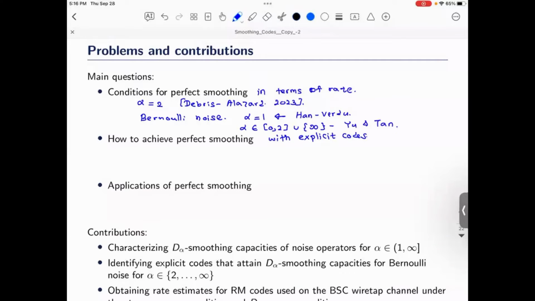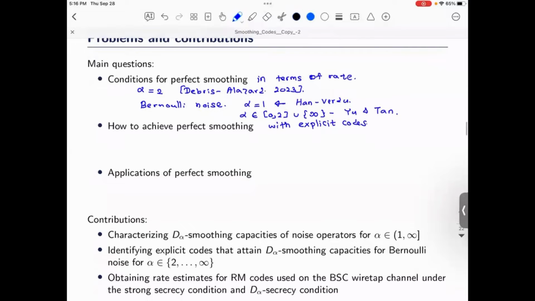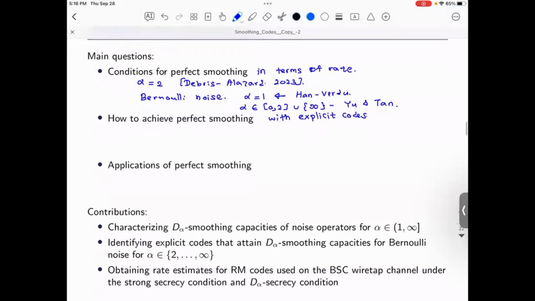So this problem has been considered or solved partially by several different people. And when it comes to explicit codes, all these results were obtained using random codes.